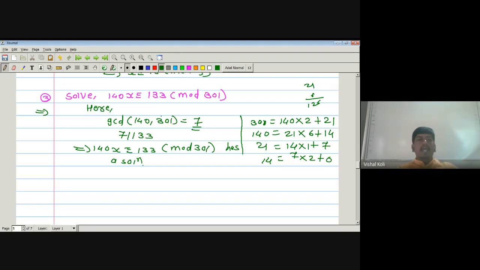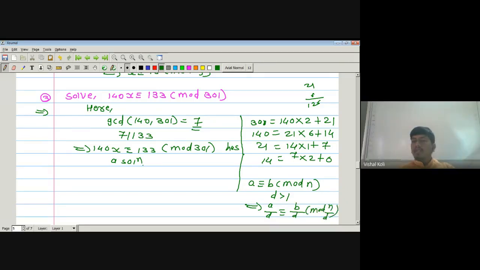Again, we use one result: if a is congruent to b modulo n, and a, b and n are all divisible by some d greater than 0, then a over d is congruent to b over d modulo n over d.